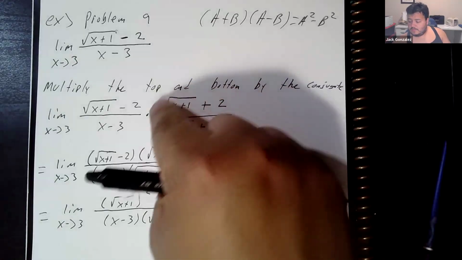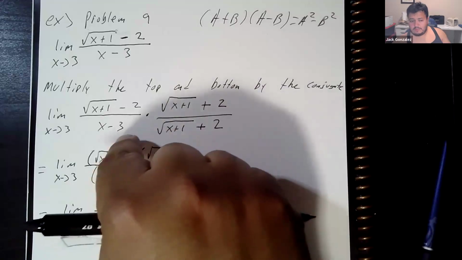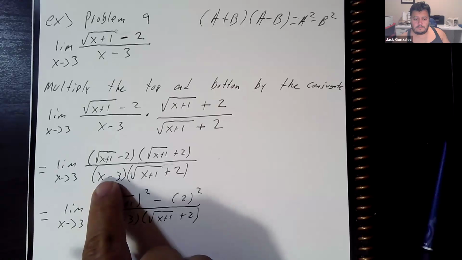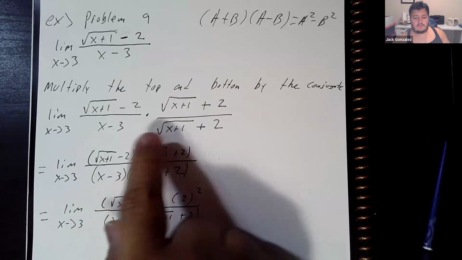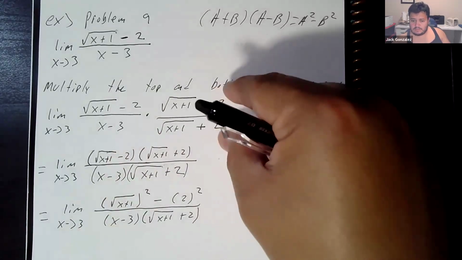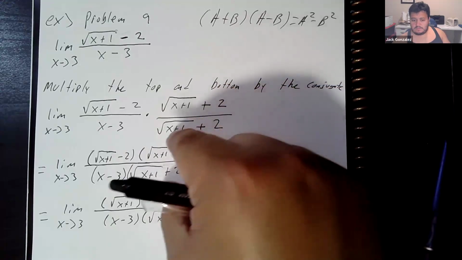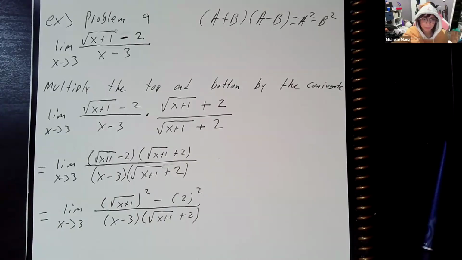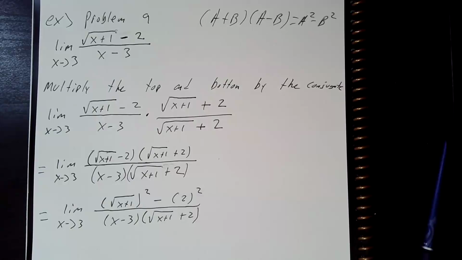So this times the top, and then this times the bottom. So I haven't done anything yet. I'm basically just combining these two into the same fraction. You see it? I think so.